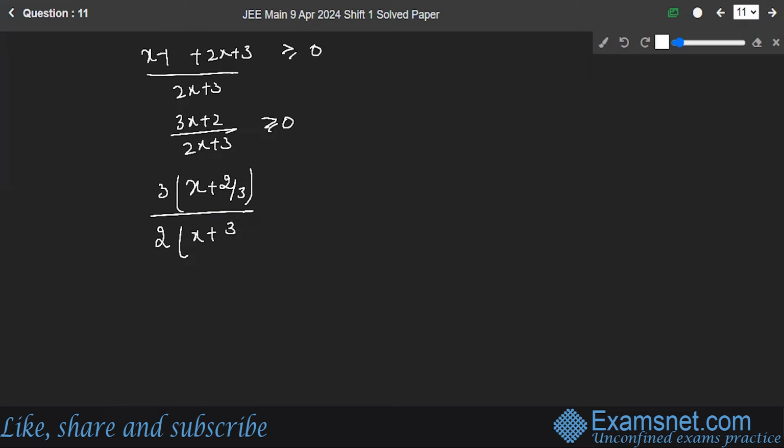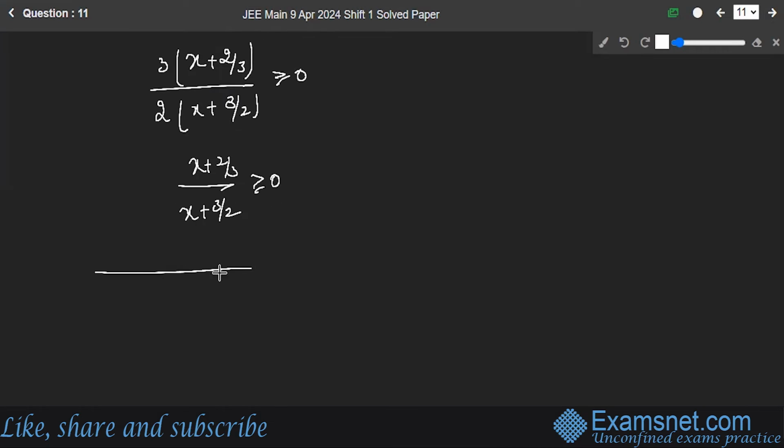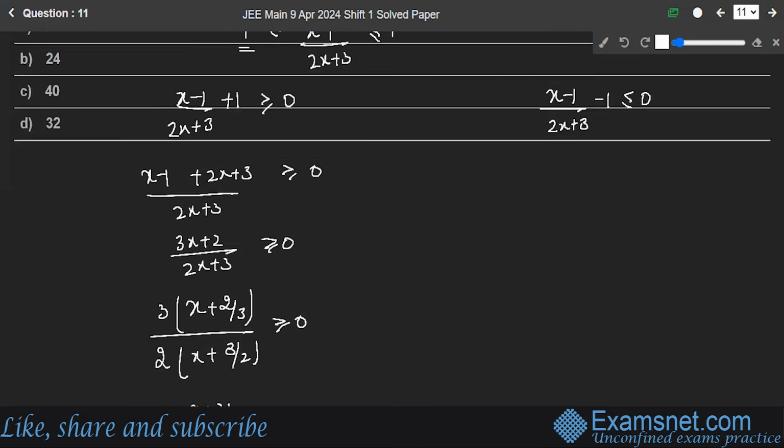This is x plus 3 by 2 greater than or equal to 0. So these are the two values, and it will be positive over here beyond 3 by 2, and this 2 by 3, minus 2 by 3 will be negative over here.